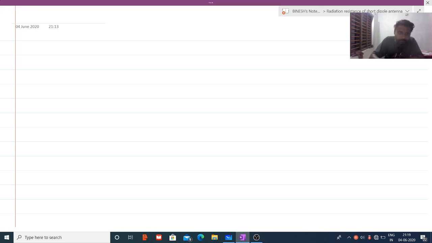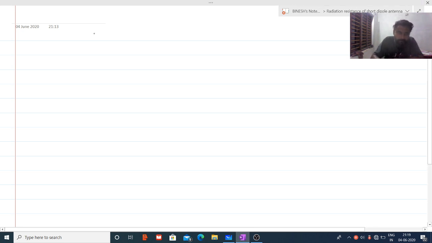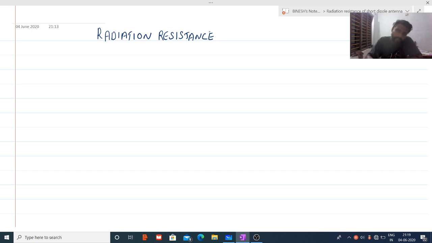You write that one, radiation resistance of a short dipole antenna. Anyway, I have explained what radiation resistance is in the beginning of the antenna session, while I was drawing the block diagram of the antenna.